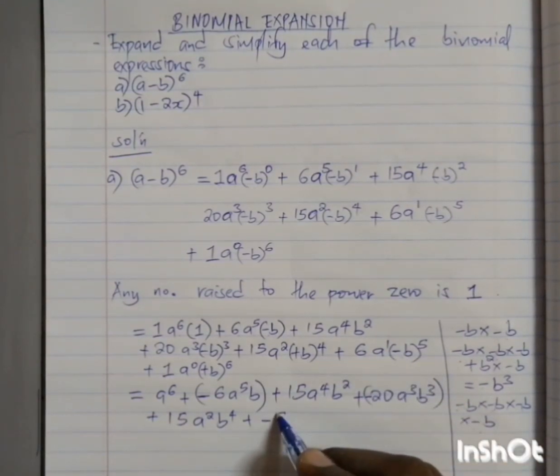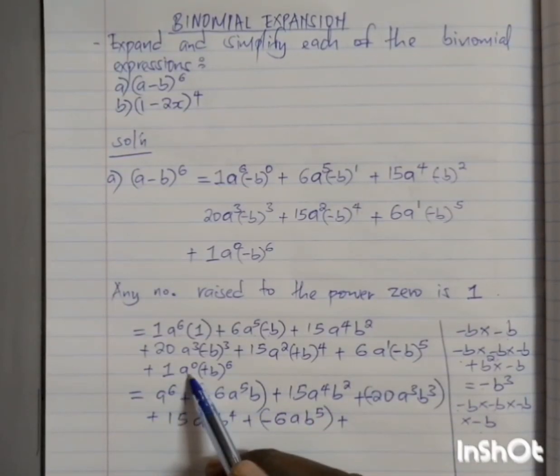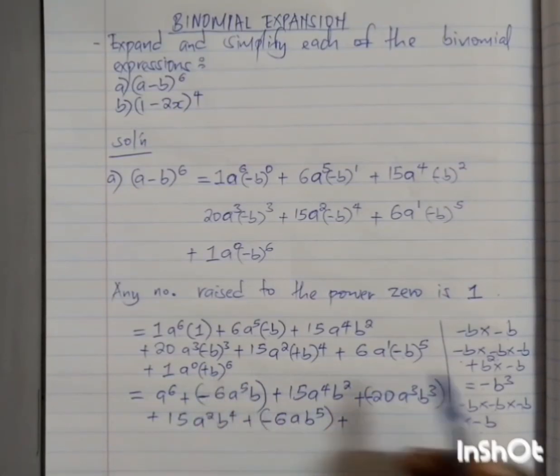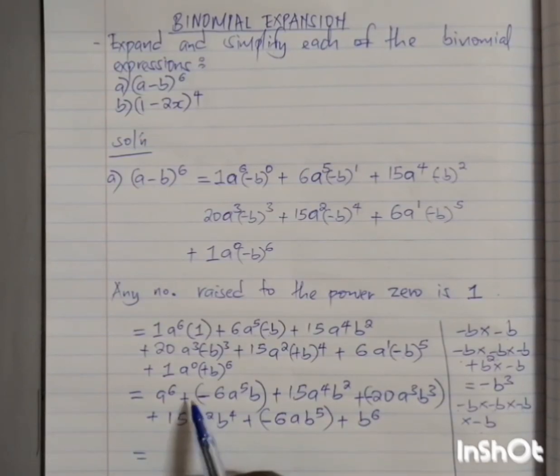So we have minus 6 a to the power 1 b to the power 5. And then finally we have plus 1 multiplied by a to the power 0, which is 1, multiplied by b to the power 6. So we have b to the power 6.